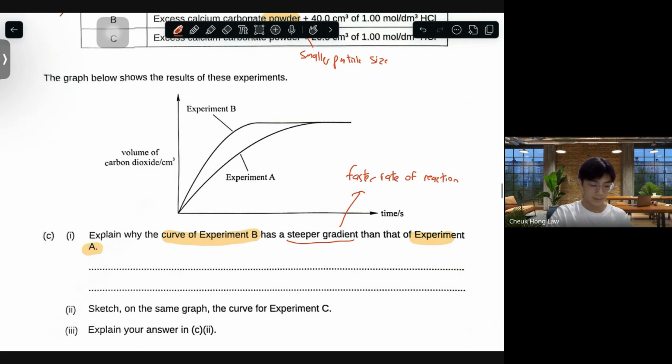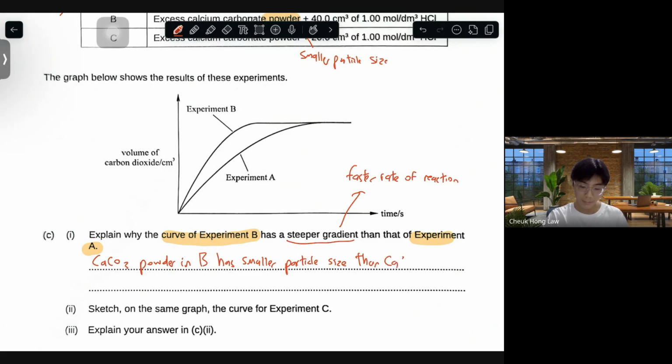So calcium carbonate powder in B has smaller particle size than the calcium carbonate lump in A. Smaller particle size means there is more exposed surface area.